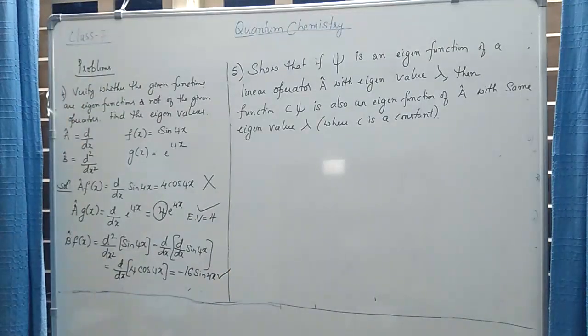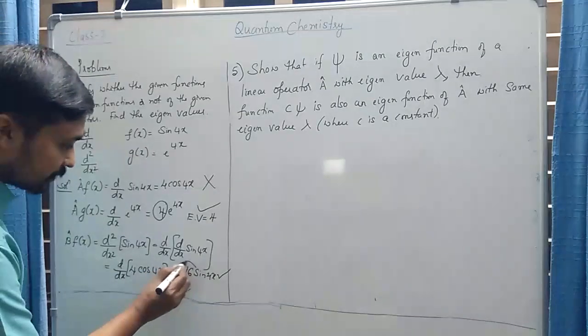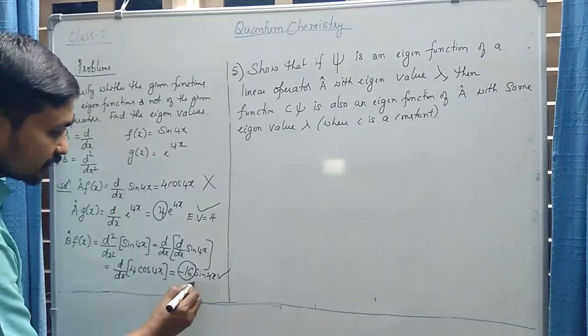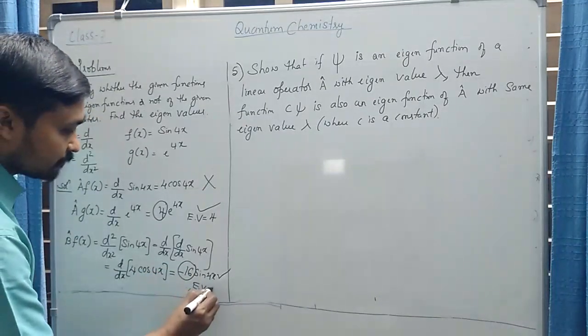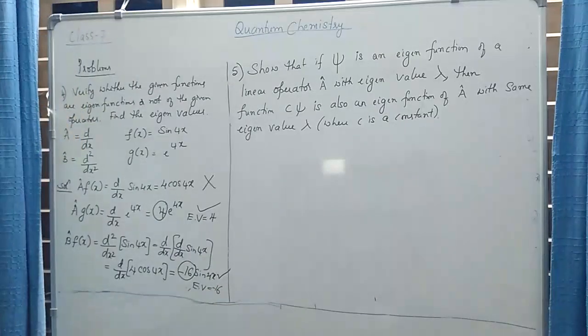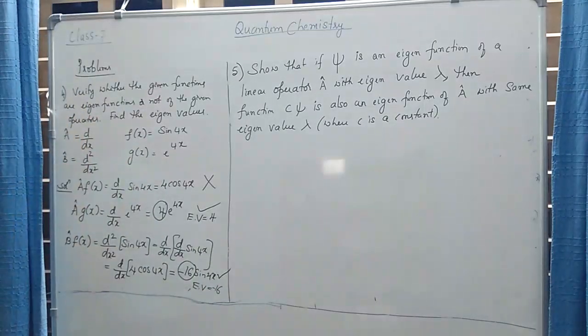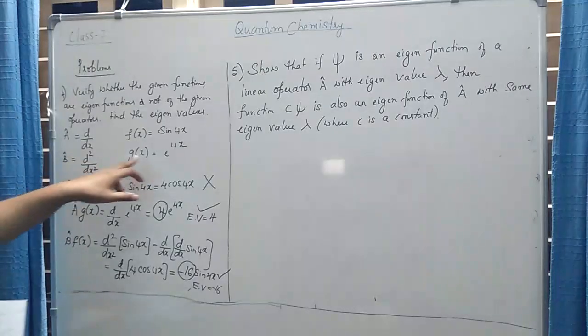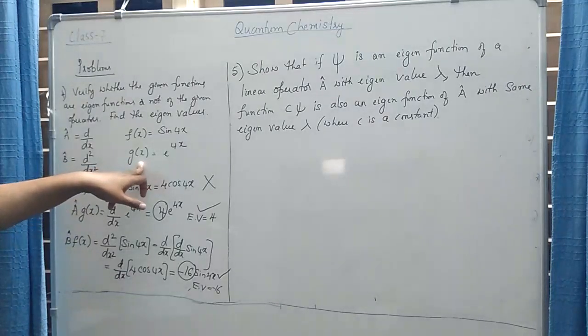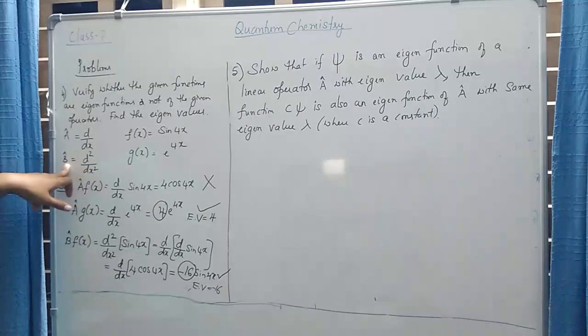So sin 4x is an eigenfunction, multiplied by a constant minus 16, therefore the eigenvalue is minus 16. Similarly you can calculate B of g of x and find out that g of x is also an eigenfunction of this operator B with eigenvalue equal to 16. I leave it to you to cross verify yourself.